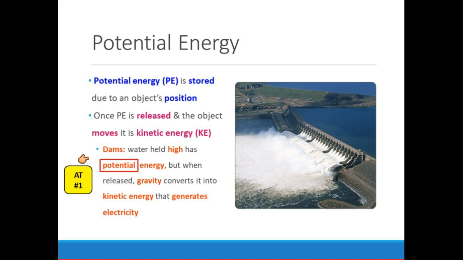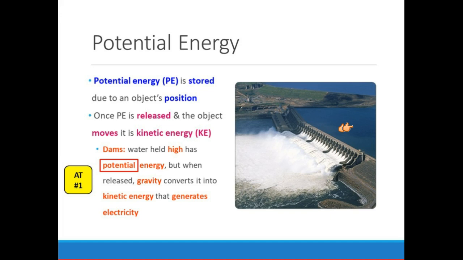Just do your best. So for example, if you see here with a dam, this right here is a dam, and what it's doing is it's holding water on the right side really high up. It's holding water super high up, okay?